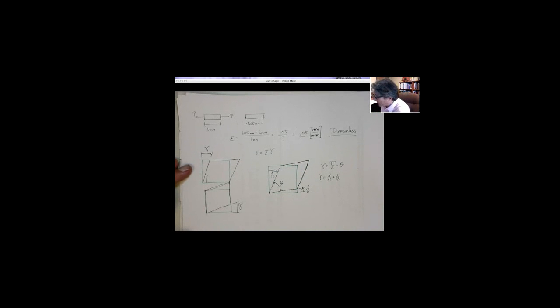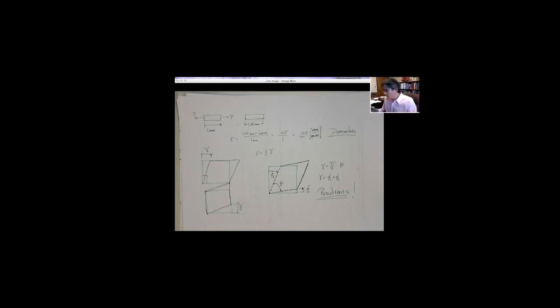And now, a couple things to note. One is, when we talk about shear strains, we're talking about angle changes, but they're in radians. Very important. Radians. Not degrees.